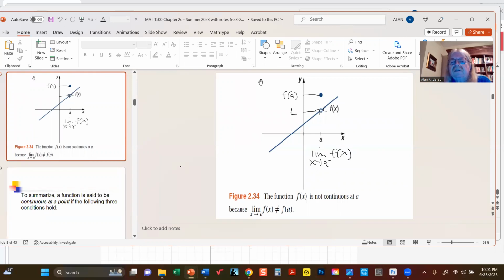Let's call this L. So the two-sided limit does exist.